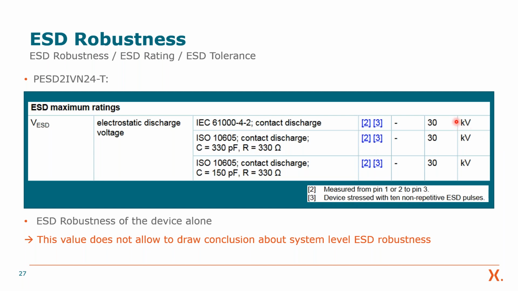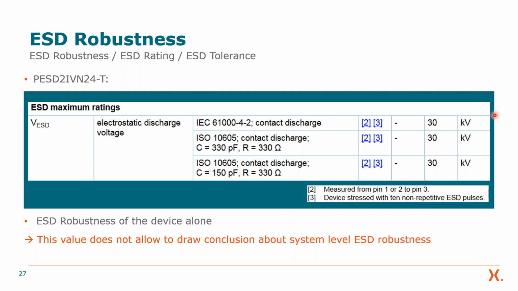So this is an extremely robust device with 30 kV, so you don't have to worry about this. But especially when you look at high-speed interfaces, there are some trade-offs. Especially if you want to have an extremely low parasitic capacitance of, let's say, below 1 picofarad, it's very hard or even impossible to achieve 30 kV.